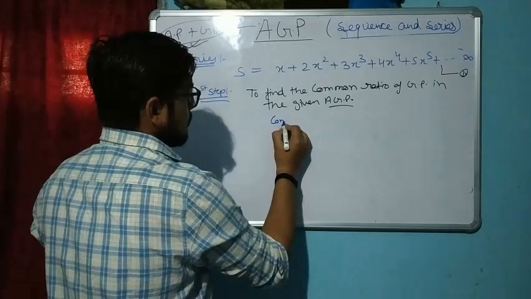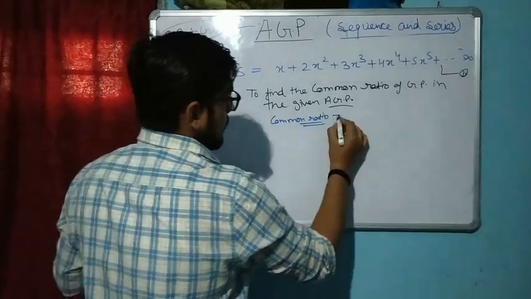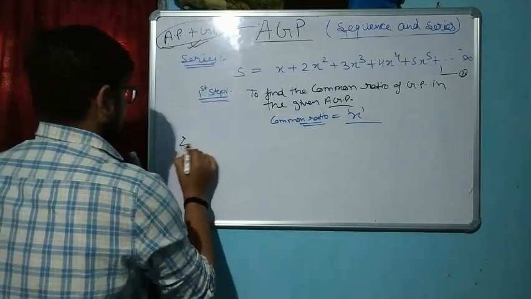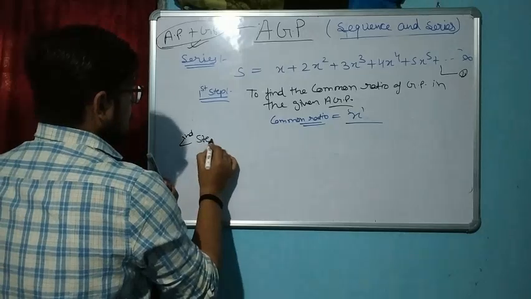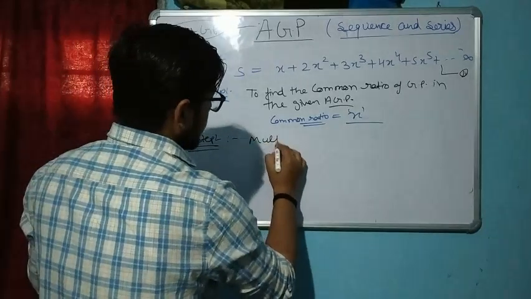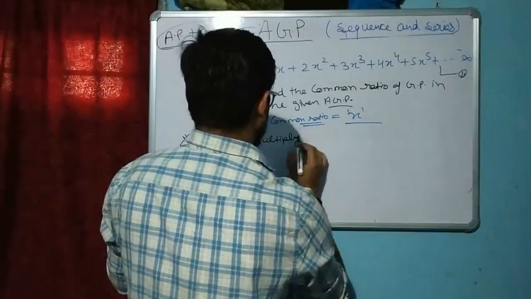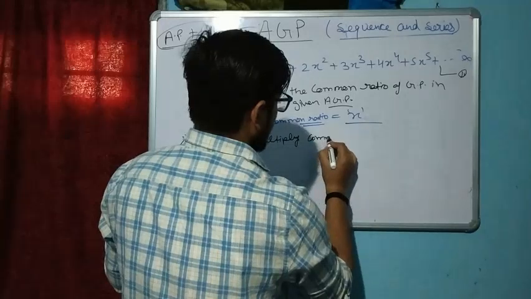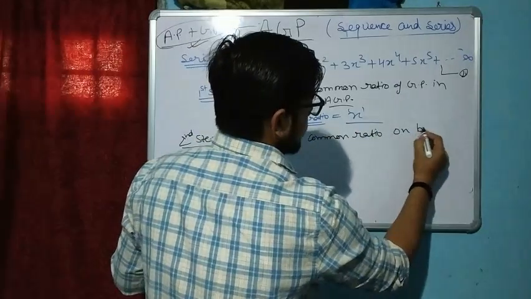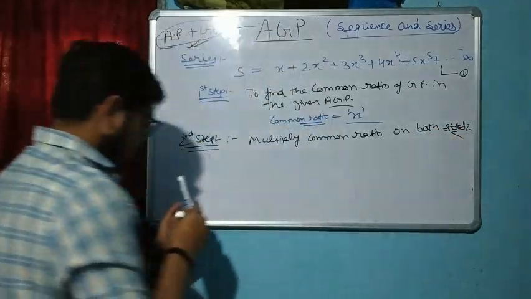So the common ratio is x here. Now the second step is you need to multiply this common ratio on both sides, and then write the equation that you have obtained.